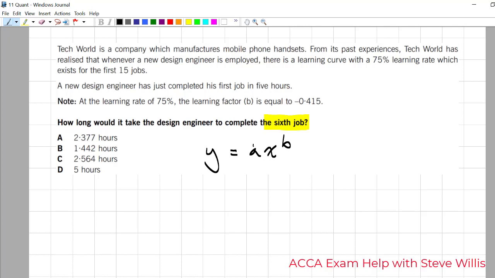A, time for number 1. X, the number that we're doing, and B is this learning factor given to us as a negative 0.415. Okay, so we're going to do 2 things. We're going to do the total time to make 6, the total time to make 5.